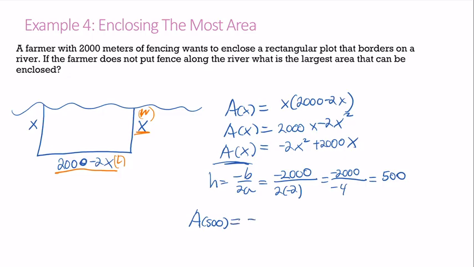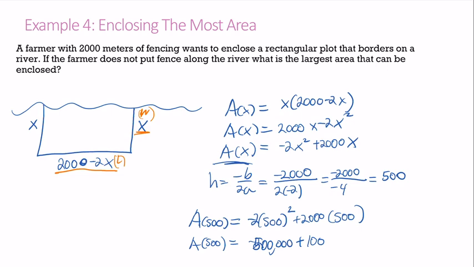equals negative 2 times 500 squared plus 2000 times 500. So A of 500 equals negative 2 times 500 squared, that gives me negative 500,000, plus 2,000 times 500, so plus 1 million.